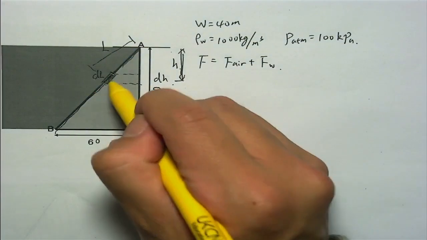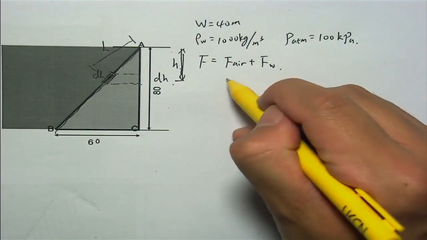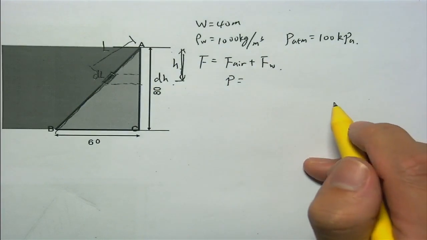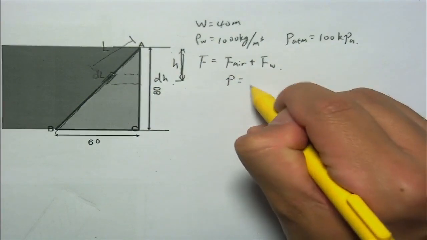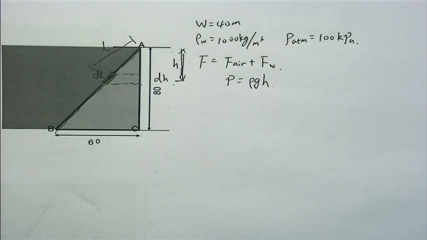Right? So at that point we can get the pressure P, which is rho g h. Right?